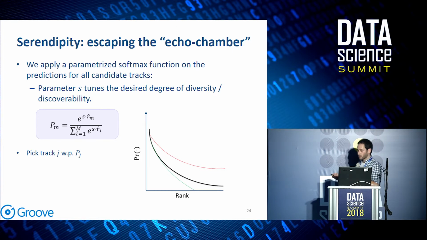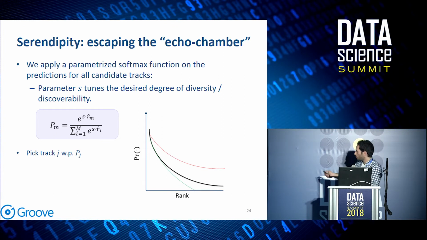So the model that we described so far is deterministic in the sense that it would yield the same prediction for the same set of parameters overall. So what we did is we added this parameterized softmax function over the predictions, and this would allow us to diversify the results. We would essentially yield a probability distribution over the candidate tracks that the model predicts, and we would sample from this distribution.